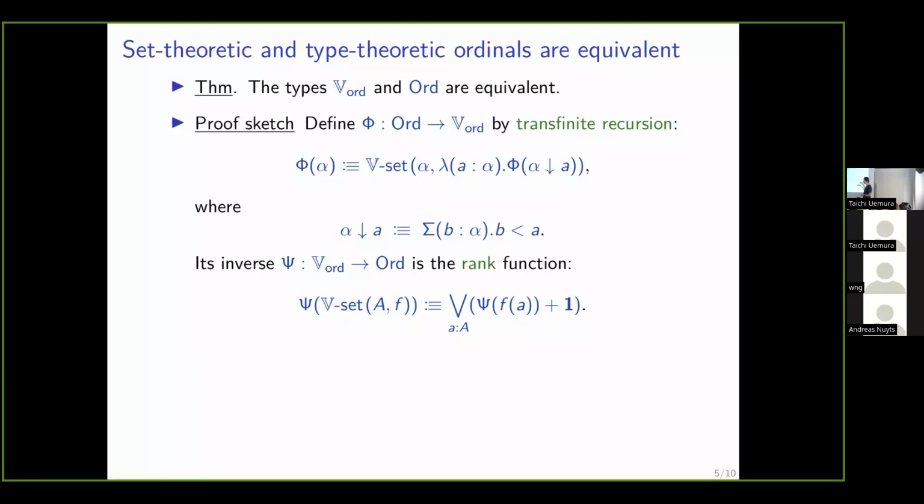And then you define the inverse, and actually the inverse is quite a familiar function. If you open a book on set theory, you'll see this as the rank. So you take a V set (A, F), and now you send it to the supremum or the join of ordinals. Because this thing is a subtype of V, it's an inductive thing.